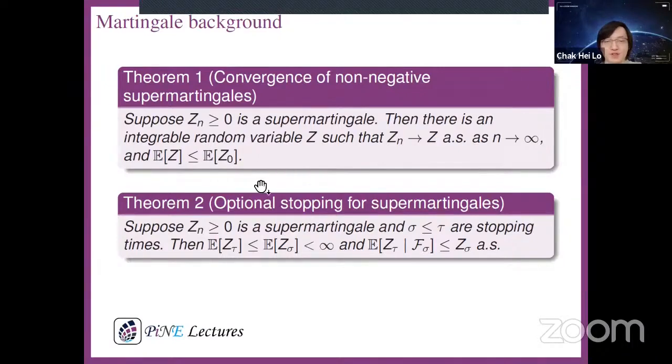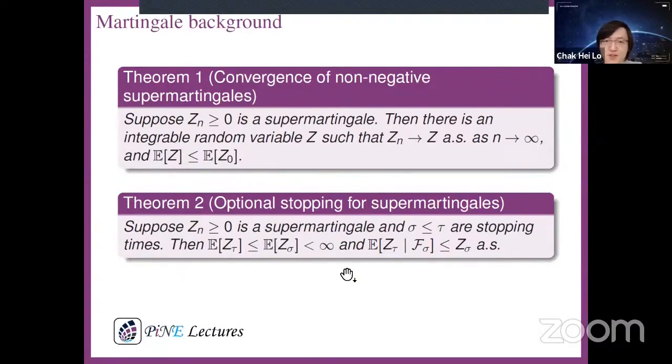And we also have the next theorem, which looks quite similar, but is on 2 stopping times. Suppose again Zn is a supermartingale greater than or equal to 0, and suppose we have 2 stopping times, sigma and tau, where tau is the bigger stopping time. Then we have that the expectation of Z tau is less than or equal to the expectation of Z sigma. You see that when we take the expectation, the order is reversed because it's a supermartingale.